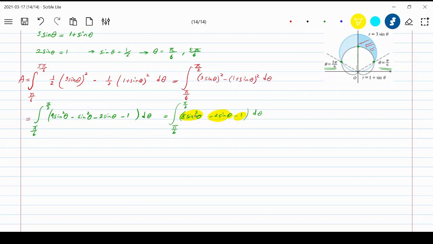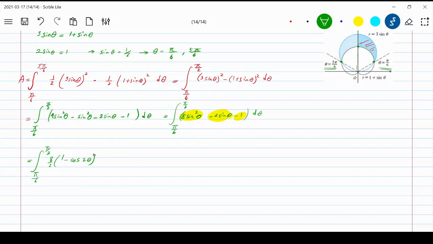To integrate this one, we have to use the half angle identity, double angle identity, and say this could be written as, similar to the last example, pi over 6 to pi half, 8 times 1/2 times 1 minus cosine 2 theta, since sine squared is the same as 1/2 times 1 minus cosine 2 theta.